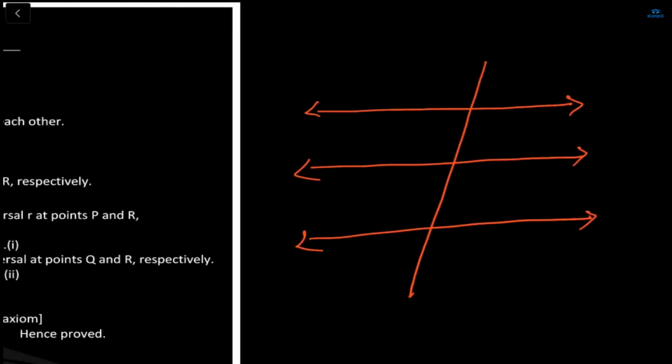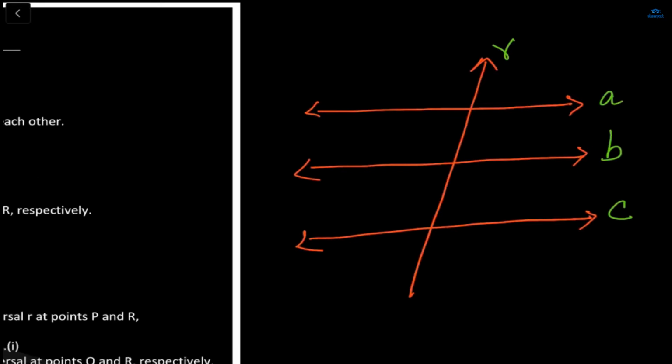Okay, now there are three lines. I'm marking this one as the transversal R. This is A, this is B, and this is C, cut at the points P, Q, R. And the angles that are forming are 1, 2, 3. These are the three angles that they are forming.